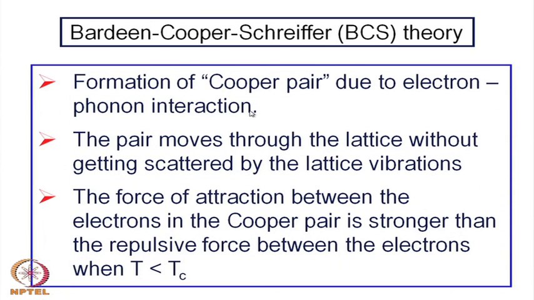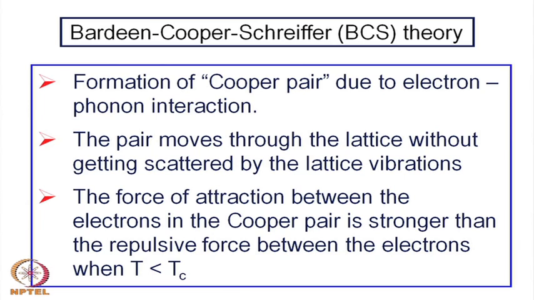It basically says formation of Cooper pair. Earlier I mentioned this particular term, the formation of Cooper pair due to electron-phonon interaction. So, basically it relates to the free electron and the phonon interaction, which leads to a pair formation, which is a very unusual situation, but at very low temperatures such things can happen.